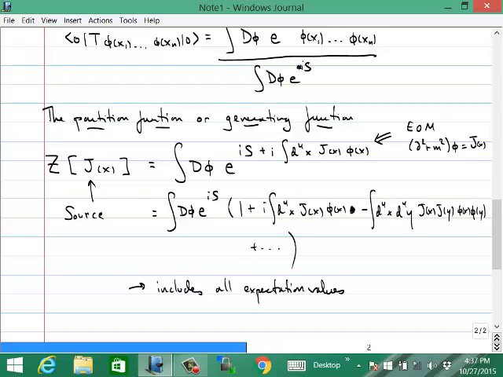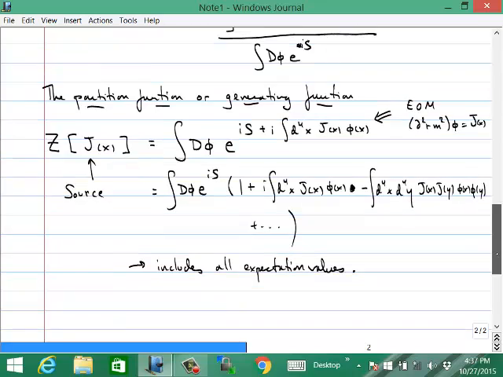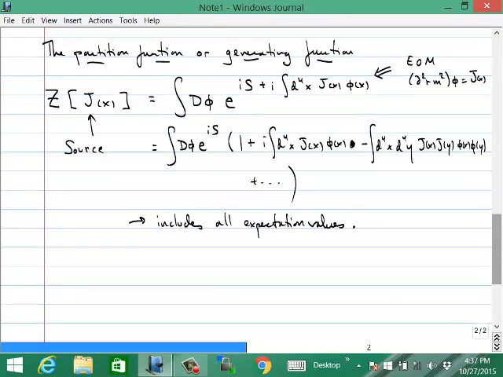We're going to momentarily compute this partition function in a free field theory. But before we do so, let's ask ourselves how, given this partition function, we would go about actually extracting from it one of the correlation functions we're interested in.